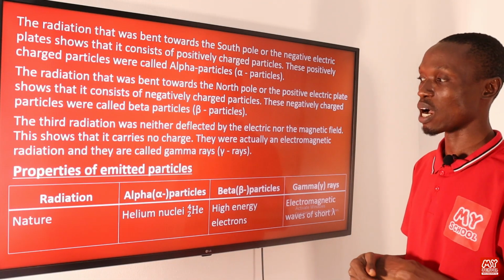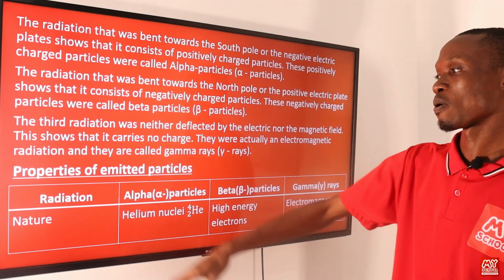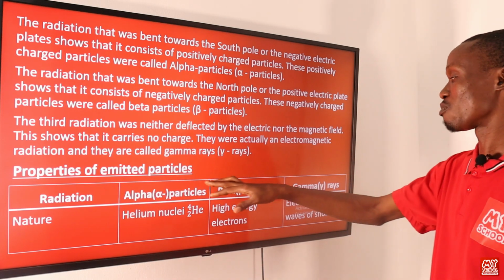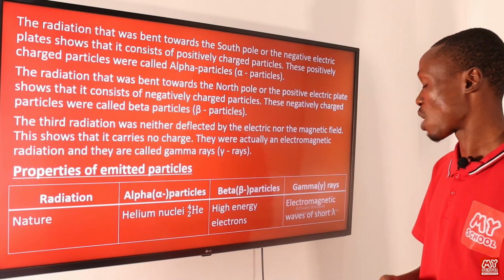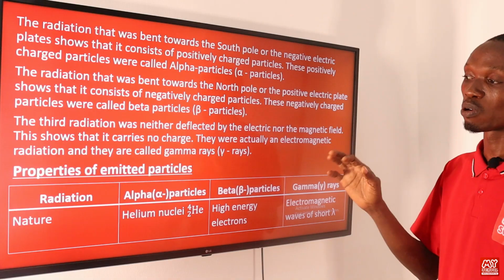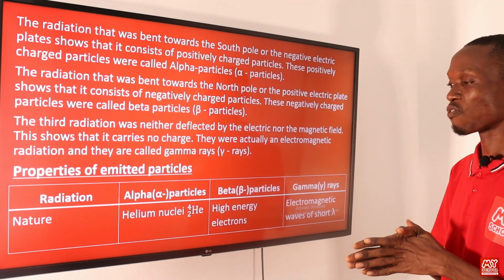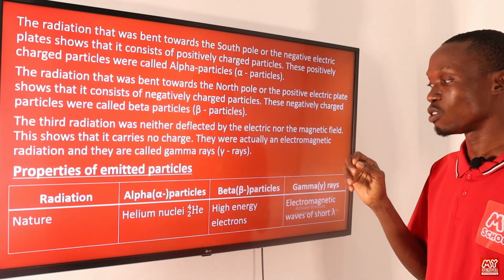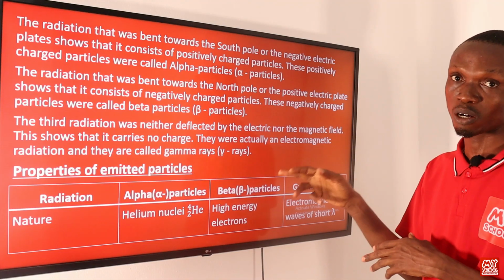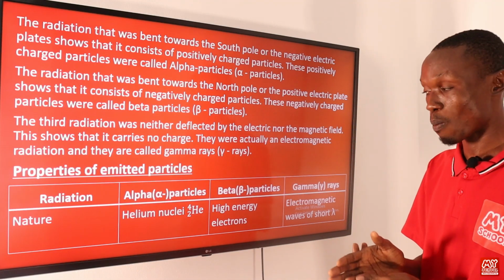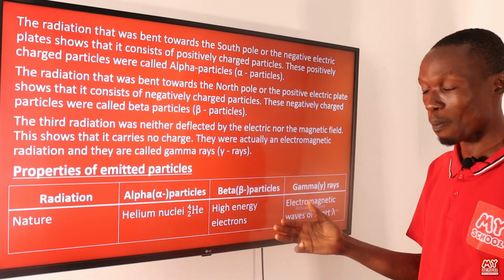Now let's look at the properties of these emitted particles. Here we have radiation, and the different types of radiation: the alpha particle, the beta particle, and the gamma rays. We are going to look at their nature first. For alpha particles, by nature they are helium nuclei, 4 2 He. Remember, the 4 represents the mass number of helium, while the 2 represents the atomic number of helium.